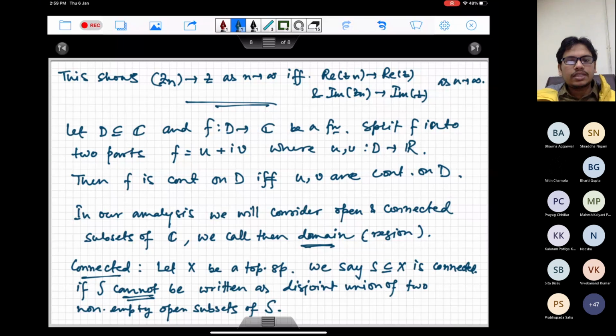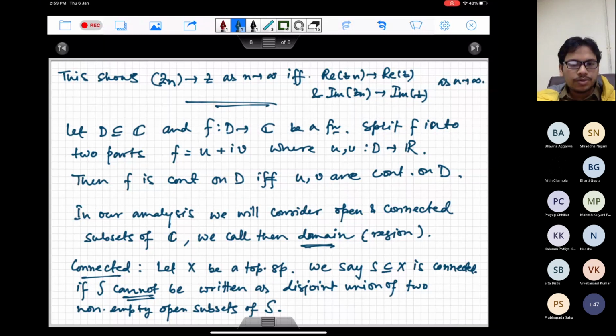So I am going to say that a subset of a topological space is connected if I cannot write it as a union of two non-empty disjoint open subsets of that particular set. These are the sets which are called connected.